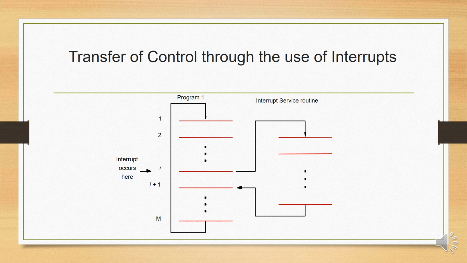After execution of the interrupt service routine, it will be back to instruction I plus 1. Right. When an interrupt occurs, the current contents of the PC, which points to instruction I plus 1, must be put in temporary storage in a known location. So this is the concept of how we are transferring control through the use of an interrupt.